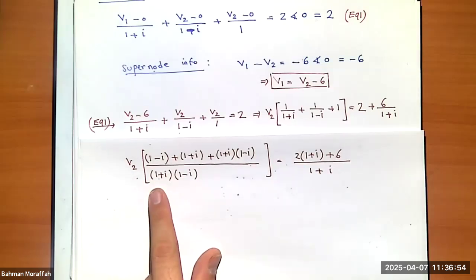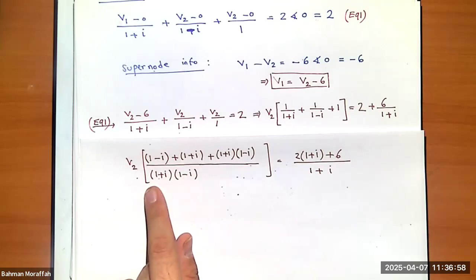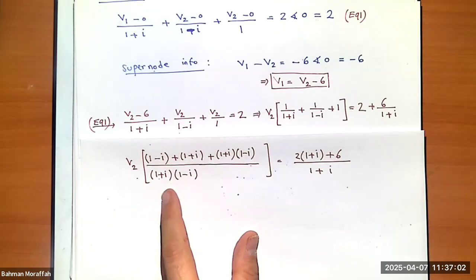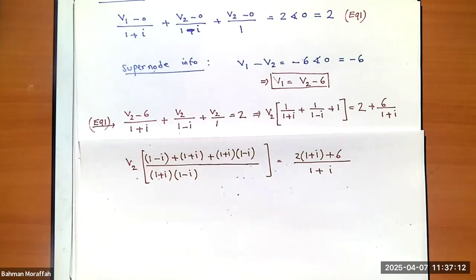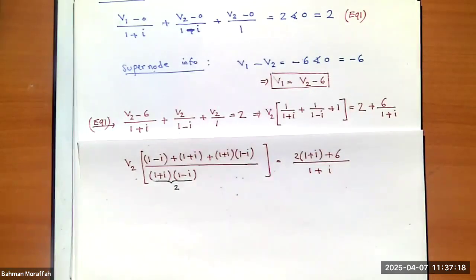What is happening down here? I have z, which is 1 plus i, times its conjugate. What is it then? I know z times z conjugate is x squared plus y squared. So it's 1 squared plus 1 squared. So the whole thing down here is 2. Right?